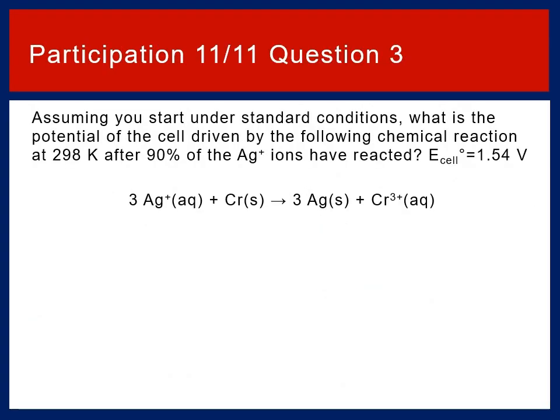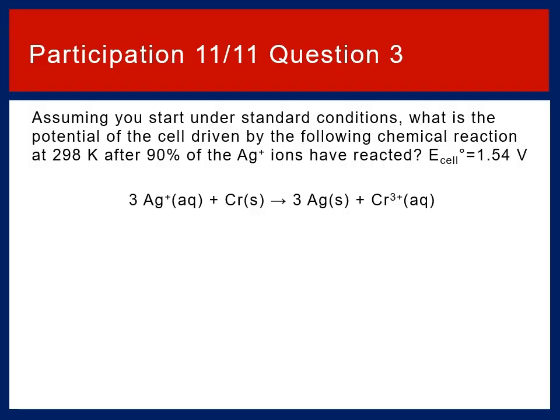Participation 1111, question 3. Assuming you start under standard conditions, what is the potential of the cell driven by the following chemical reaction at 298 K after 90% of the Ag+ ions have reacted? E cell naught is equal to 1.45 volts.